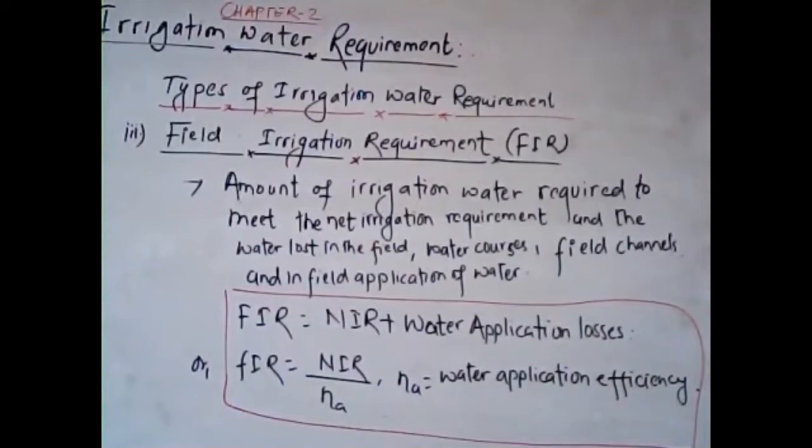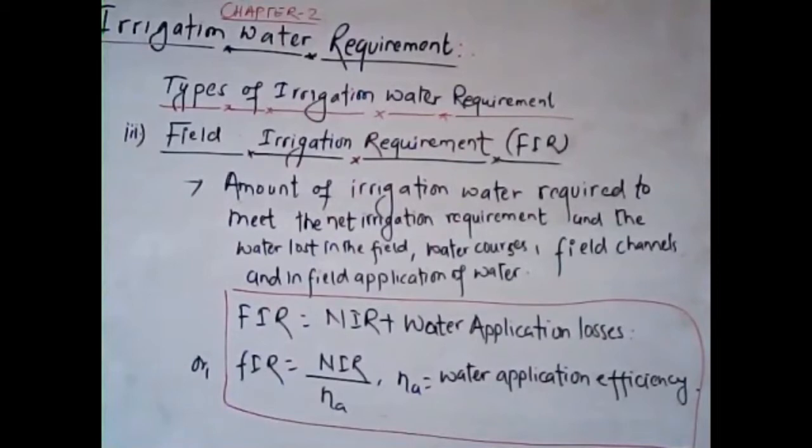We may encounter various losses in some methods of irrigation, and a lesser amount of losses in others. Likewise, water from the water courses and water in the field channels can also be lost. So FIR can be given as net irrigation requirement plus water application losses.